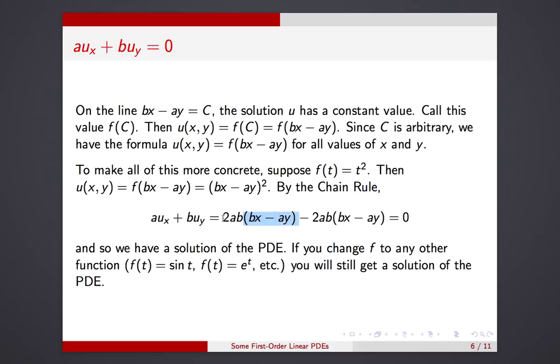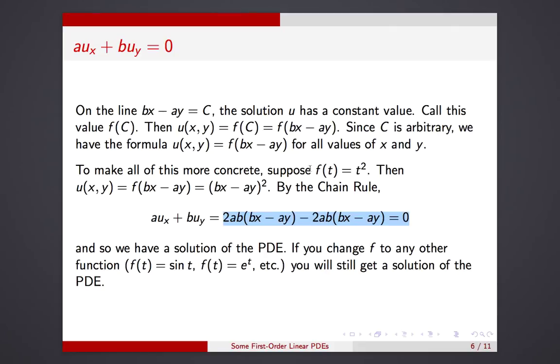So this is just the chain rule. So you get 2ab times the quantity bx minus ay. Then you've got to add b u_y. So there's your b, and then the chain rule, now with respect to y: you bring the 2 down, multiply by negative a, which is why you get a negative a. But notice that equals 0.